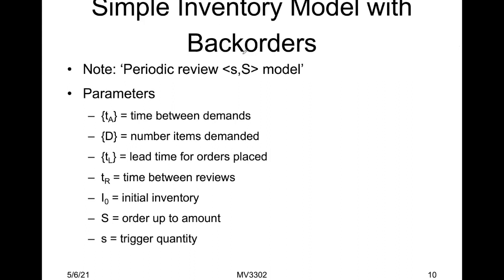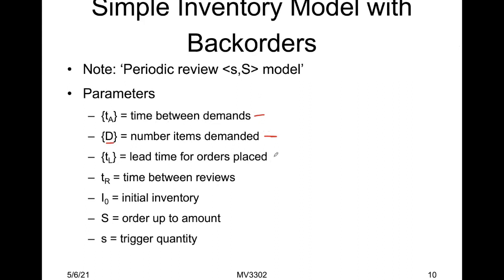But we're modeling it now. So this is, again, a periodic review, little s, big S model. So what are these parameters? We have the time between demands, which is kind of like an arrival process. On top of that, every demand had a certain number of items demanded, so that's another sequence of random variables.